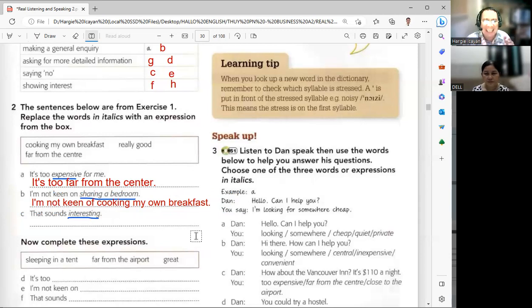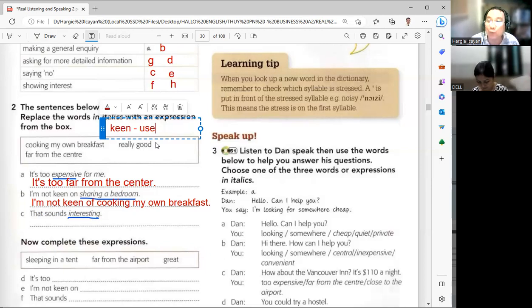When we say keen, what do you think would be another word? Keen can also be said as, I'm not used to sharing a bedroom, or I'm not comfortable sharing a bedroom, or I'm not used to cooking my own breakfast. I'm not comfortable cooking my own breakfast. So that would be keen.